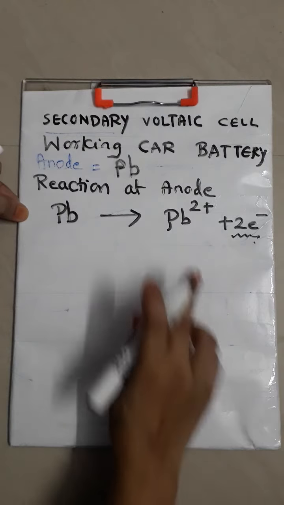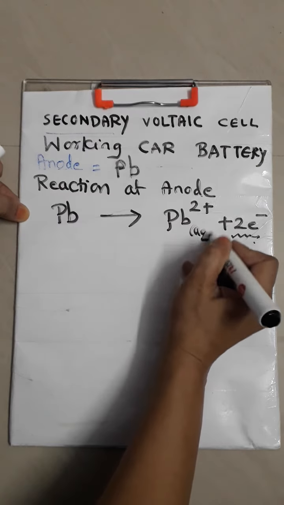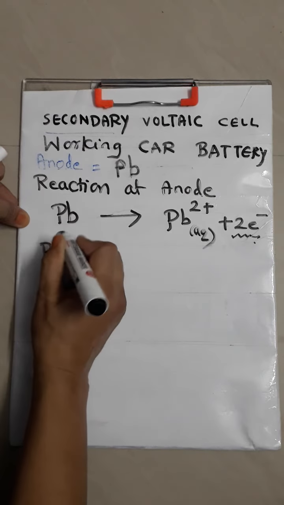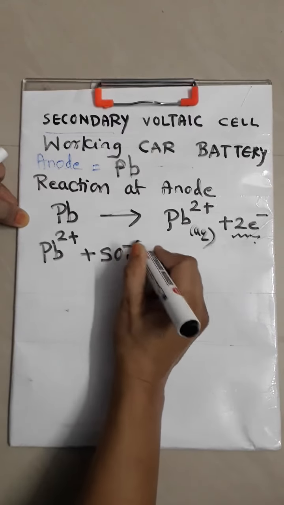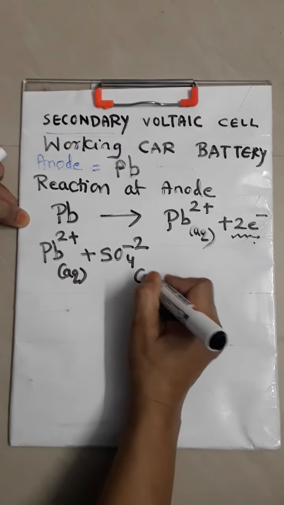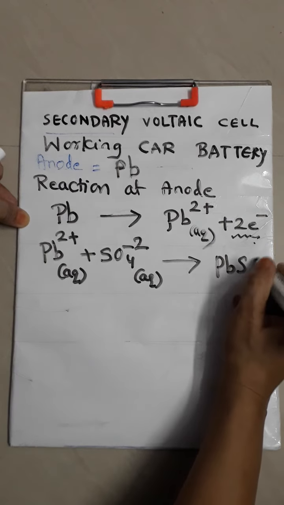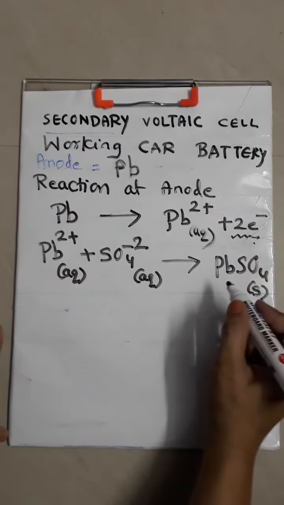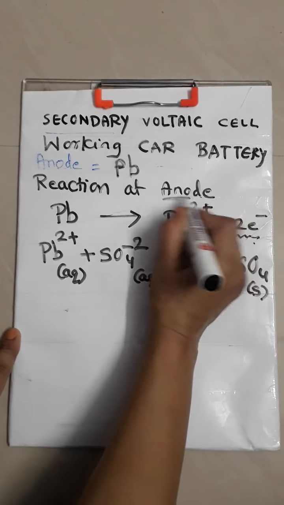Now when Pb+2 goes into the solution, it combines with the sulfate ion which is present in the solution, and we get formation of solid lead sulfate. It means lead sulfate solid gets deposited at anode.